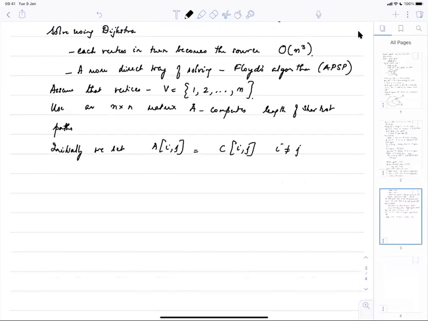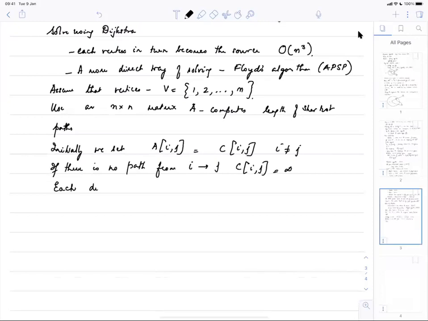It is the usual original matrix that we had in Dijkstra's algorithm. If there is no path from i to j, C of ij is set to infinity, just like we did in the single source shortest path.